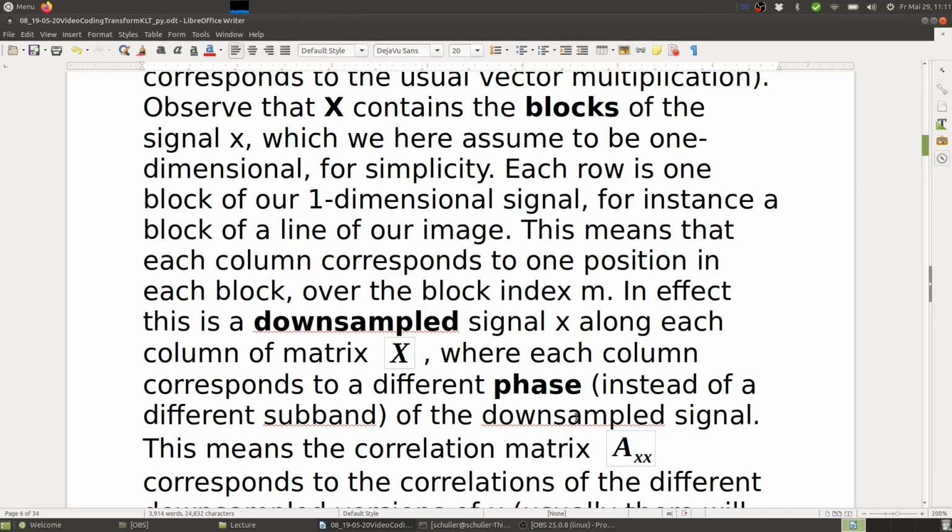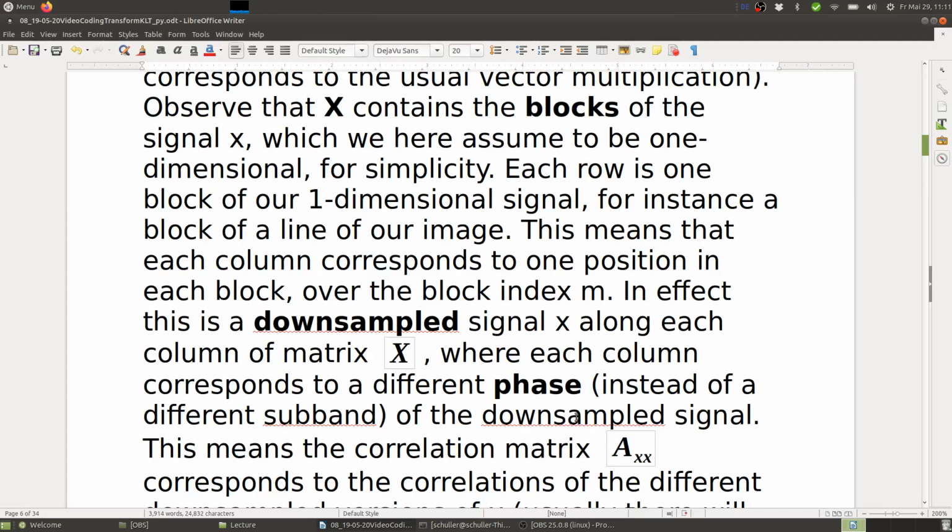So if you take those snippets and put one snippet in each row, then if you look at the columns, say the first column, it contains always the first entry of each of those snippets or blocks. And in effect, we look at a downsampled sequence, and this downsampling factor is given by the size of those snippets or blocks.